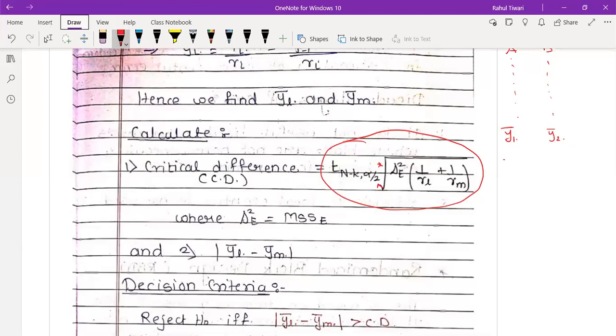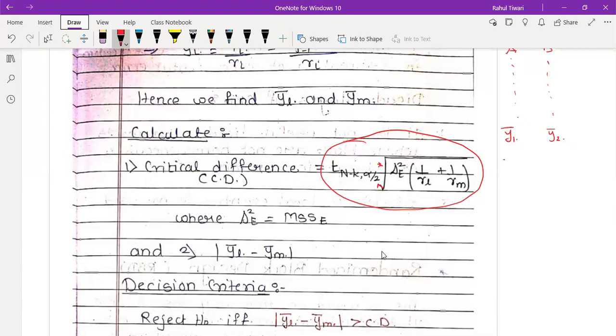It means the observations under the first category, that is how many observations we have in A, plus how many observations you have in B. So that is 1 upon RL plus 1 upon RM.